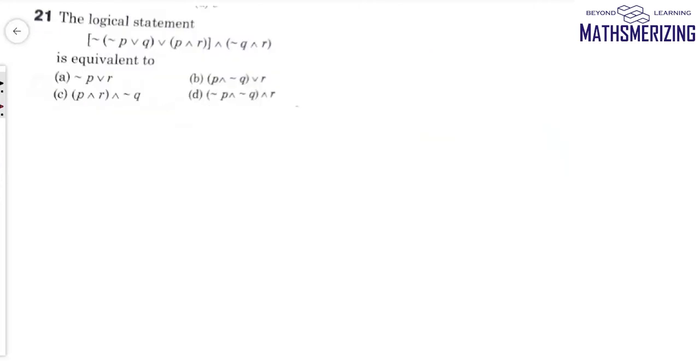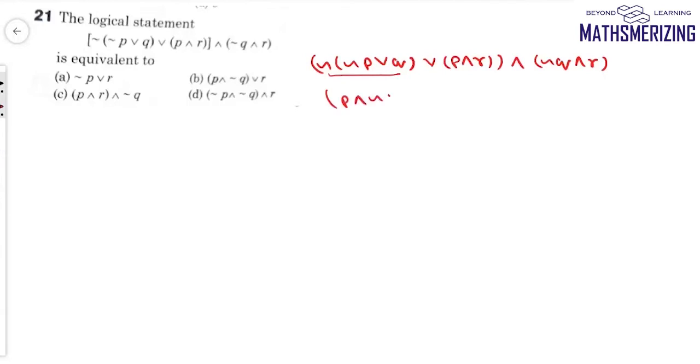So here we need to find out this logical statement is equivalent to which of the following options. So I'm given that, this is not of not P or Q or P and R, and this is not Q and R. Now first we'll simplify this. I can write this as P and not Q or P and R, and this is not Q and R. Now we can write it using the distributive law.